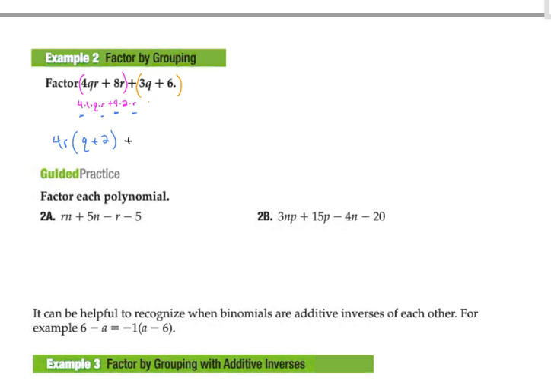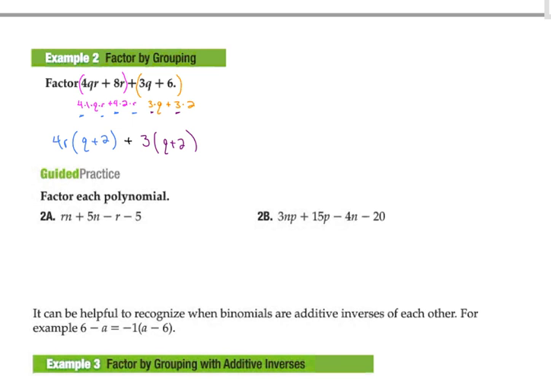So I have 3 times Q, really no factors of that, and I have plus a 3 times 2. Okay, so those 2 pieces, what do we have in common? Looks like they have a 3 in common. So I'm going to say that these 2 have a 3 as a common factor. What's left over? A Q plus 2.